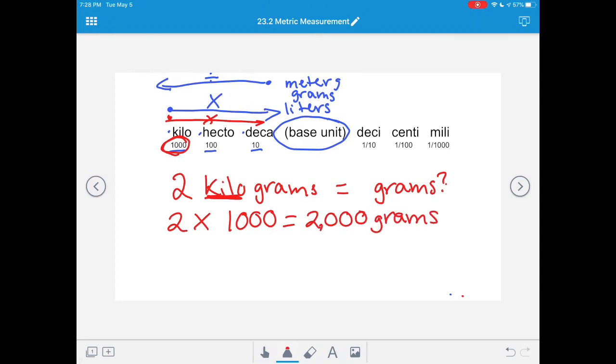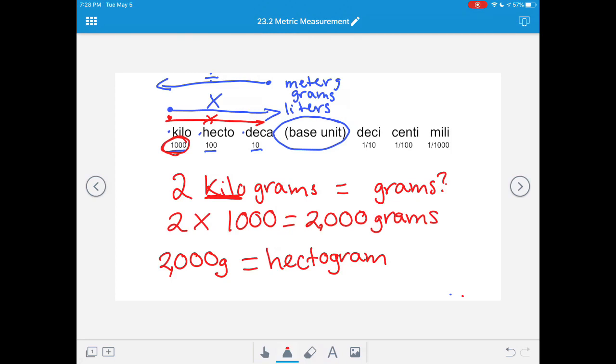Let's say I want to get it back into a different form. So let's say I have 2,000 grams, as I've just been working with. I'm going to write G for grams. And I would like to get it into hecto. I want them to be hectograms. Now, that's not a normal thing that you normally hear, but let's just pretend.